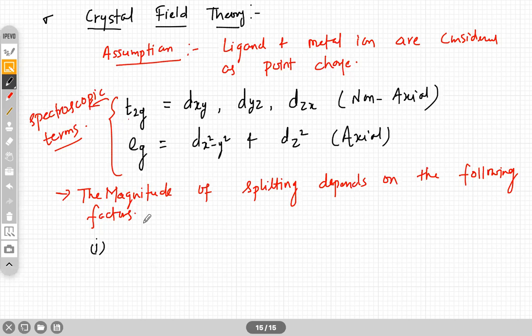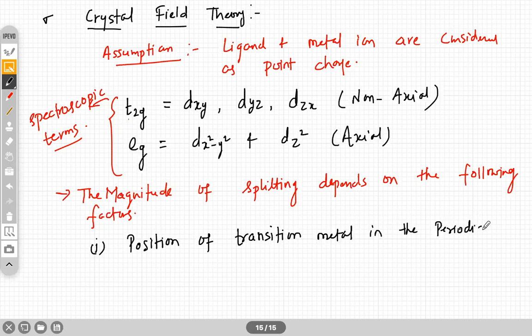Write down: the position of the transition metal in the periodic table is the first factor.